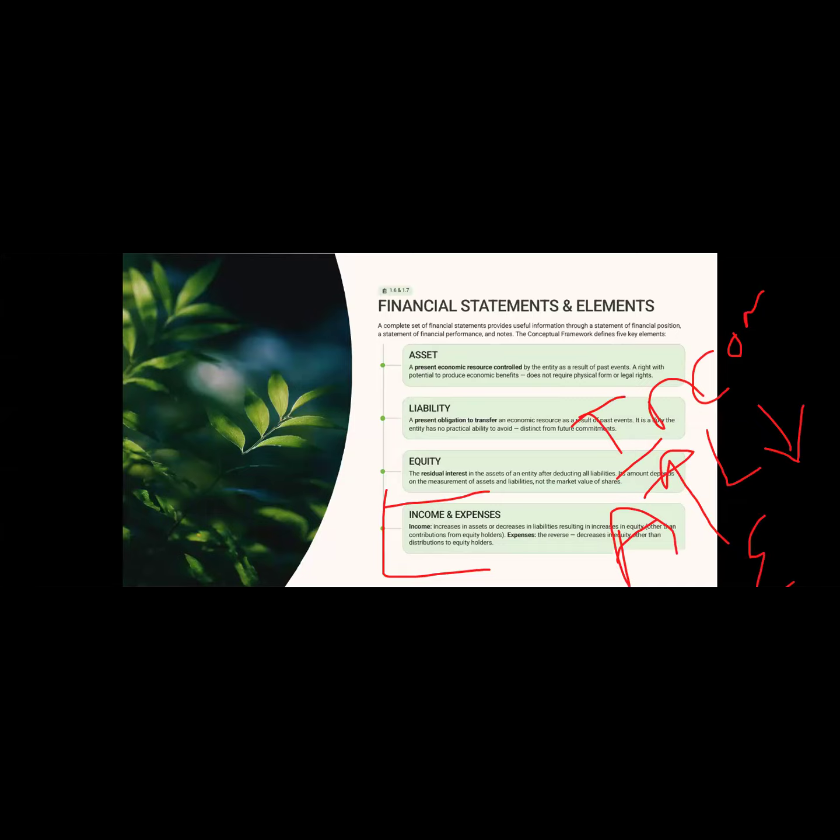Okay. Now the same way, if we have any expenses, what will happen? The opposite of what we have said so far. If there are any expenses, assets will reduce, or liabilities will increase, and equity also will reduce.